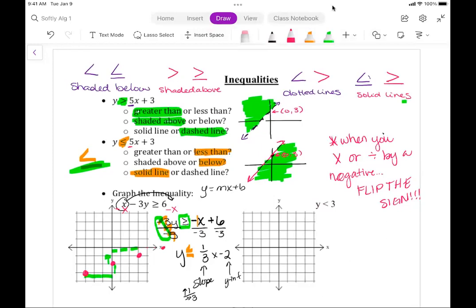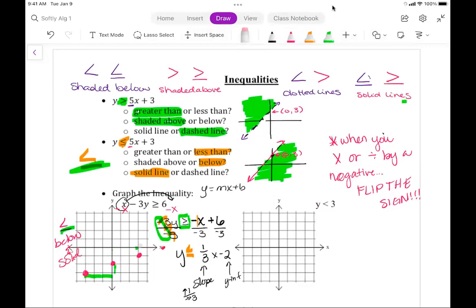So now I need to pay attention to my symbols. Is this symbol right here above or below? Okay, well, this is less than, so I'm going to be below. Is it also going to be solid or dotted? Well, I have the equal to symbol underneath it, so that means I need to have a solid line. All right, so that's what I'm going to do.